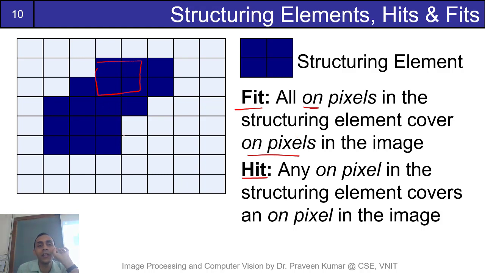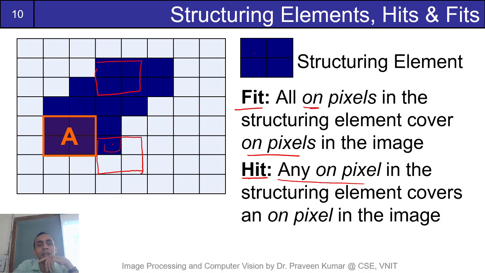And if there is at least one on pixel overlapping with at least one on pixel in the image, then we'll say it is a hit. So if any on pixel in the structuring element covers an on pixel in the image, we say this structuring element is hitting that location.